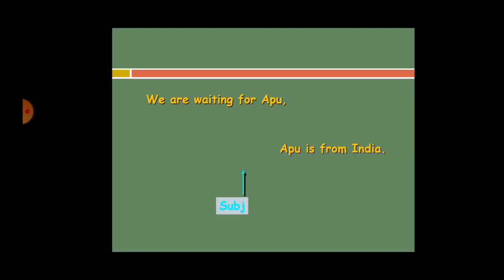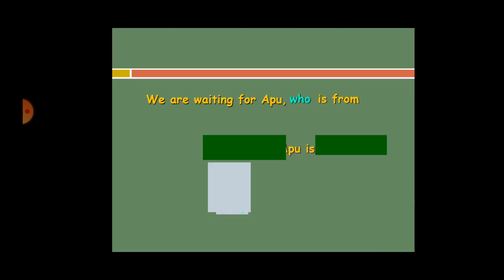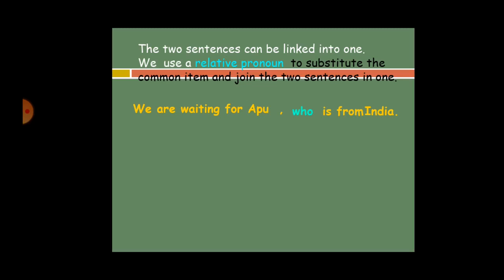Now see, my dear children. We are waiting for Apu. Apu is from India. Who is from India? Apu is from India. So, see here what happened: the two sentences can be linked into one.